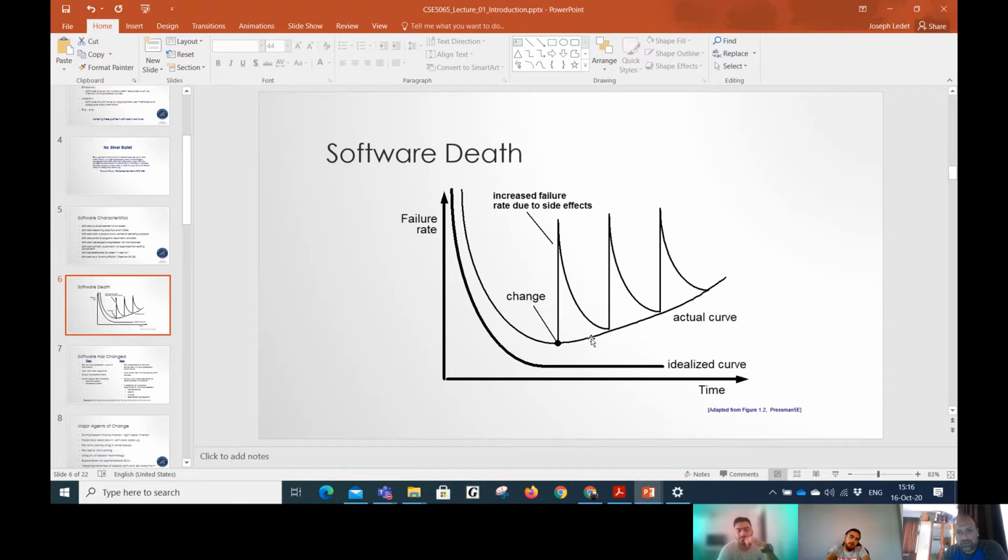Some of it is because not only are the changes increasing our failure rates because we don't have those changes met before, because we don't develop for changes before we know about the changes, right? But another big part of it is that even stuff like the OS that the software is running on, the language that the software is written in, has become, over this time, less secure, right?